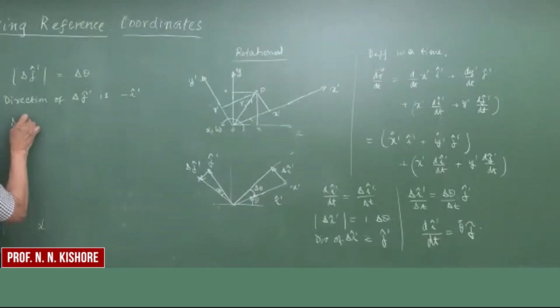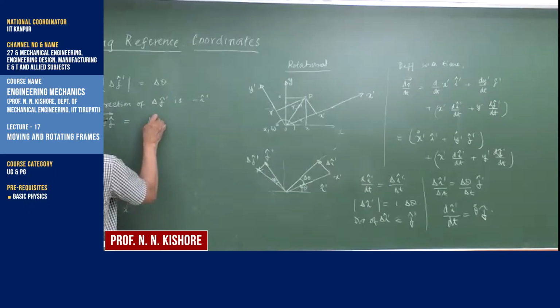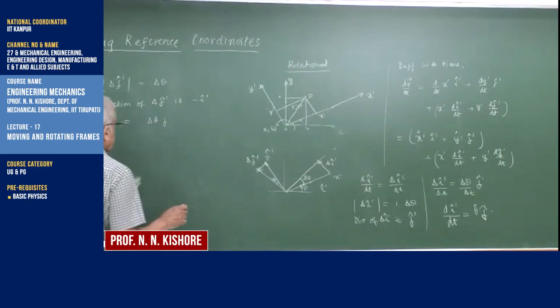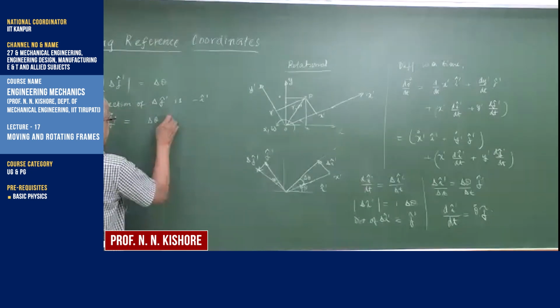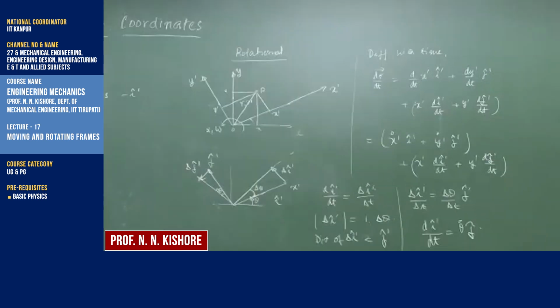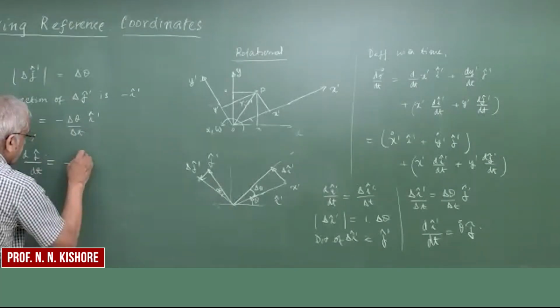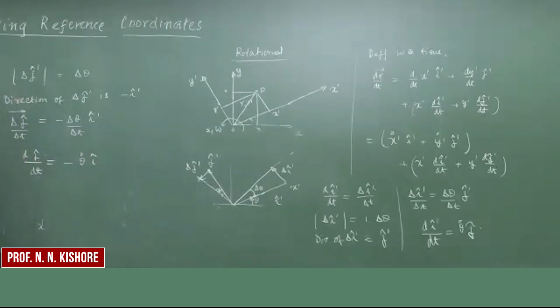We can write this as delta theta times minus i prime, divided by delta t. So dj prime by dt is nothing but minus theta dot i prime.